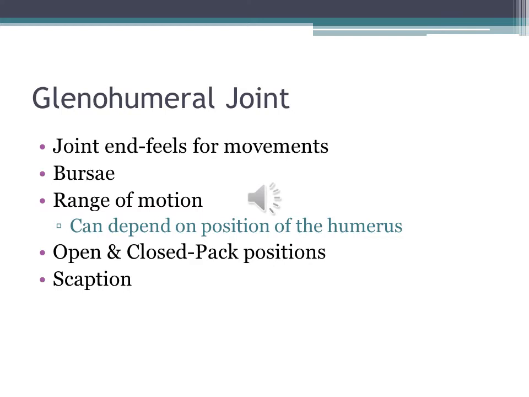Another important thing to look at is the concept of scaption, or movement in the scapular plane. Some of this was alluded to earlier, but about 30 to 40 degrees from the frontal plane is what we have called scaption. Within that region, you do tend to get a little bit more motion.